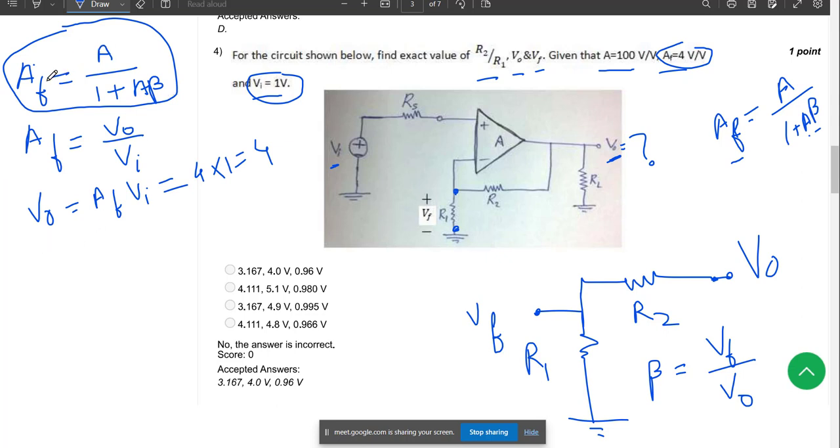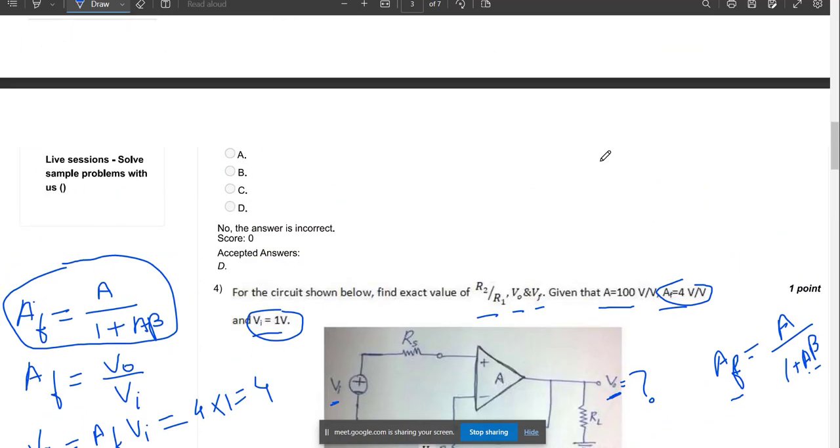So we know A, we know AF, we can get beta, which will be equal to 0.24. We also know that beta is equal to the voltage of the feedback. Since it's a negative feedback, it is like something like this. So voltage of feedback into VO.